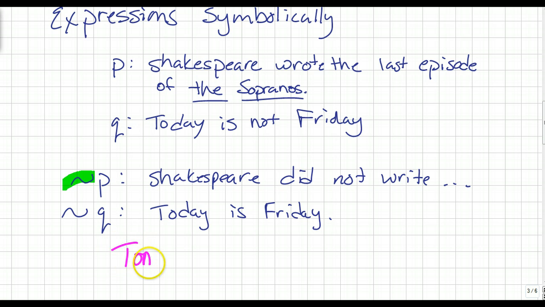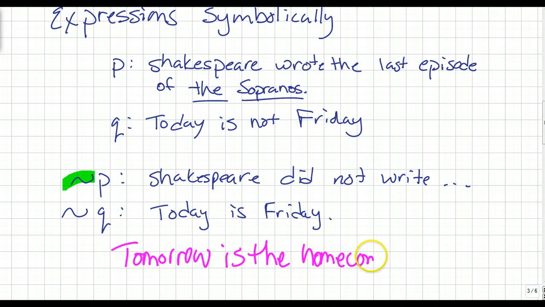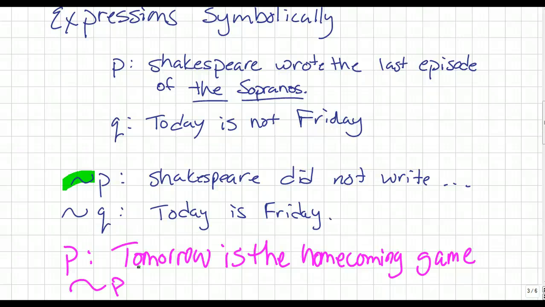Tomorrow is the homecoming game. And if I were to say that's a P statement, okay, what is not P? Yeah, tomorrow is not the homecoming game, right? So if you see these symbols, you'll be able to know what they mean.